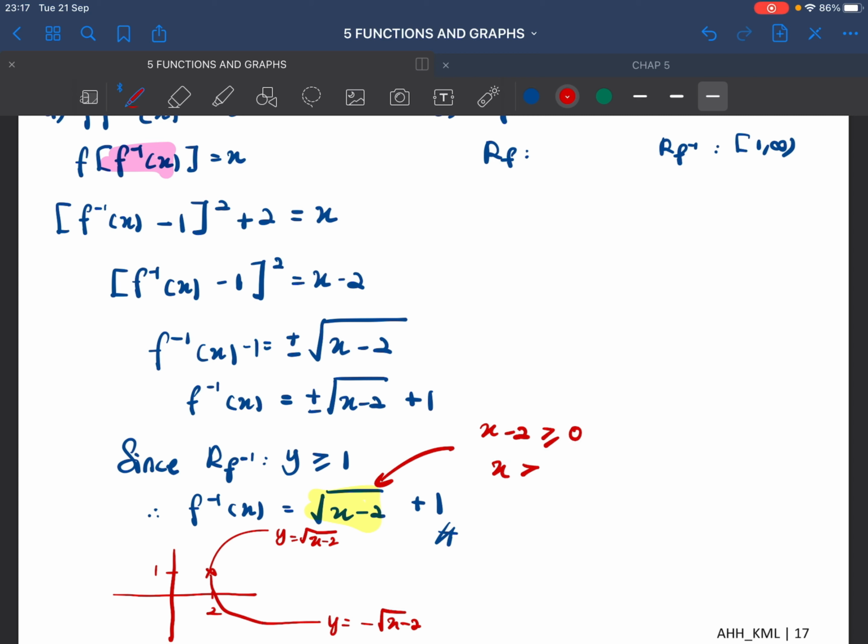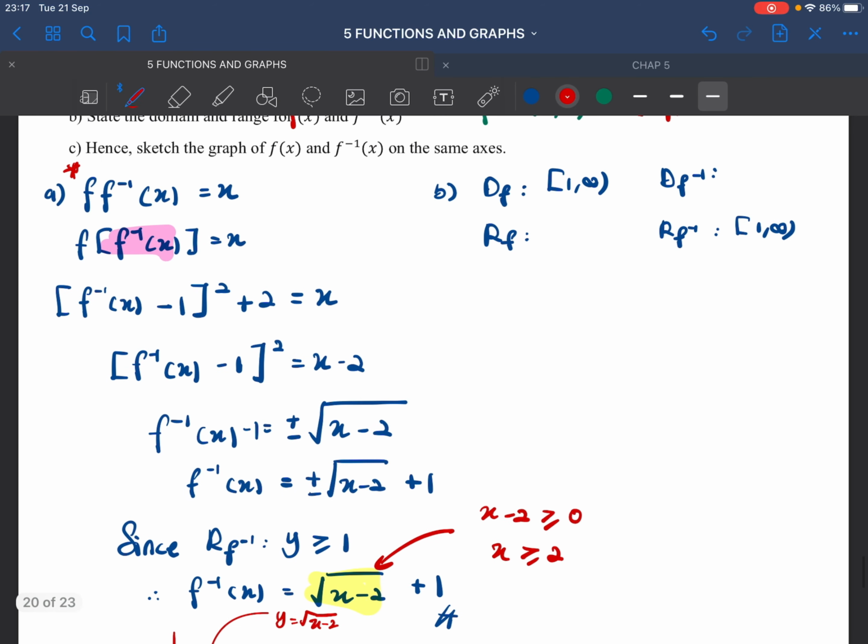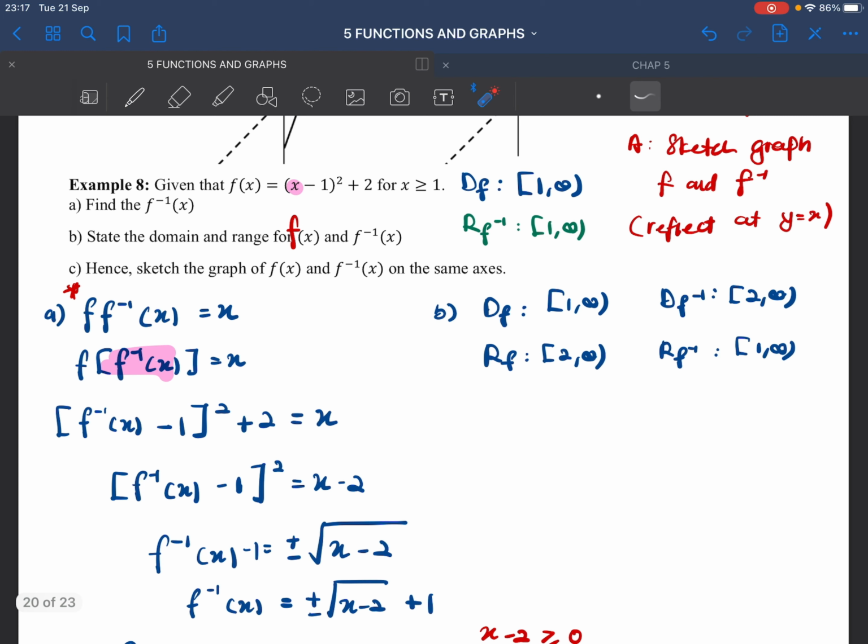So x have to be greater and equals to 2. So that is your domain for f inverse, which is 2 to infinity, and automatically you will get your range for your f, 2 to infinity. Okay, so without sketching graph, kita dah dapat domain dengan range. Okay, contohlah kalau soalan ni tak ada, you can just state like that.